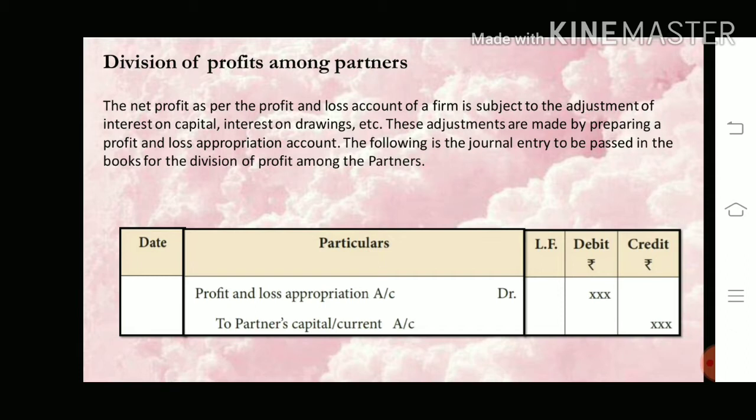It means the net profit as per the profit and loss account of a firm is subject to the adjustment of interest on capital, interest on drawings, etc. These adjustments are made by preparing a profit and loss appropriation account. The following is the journal entry to be passed in the books for the division of profit among the partners.